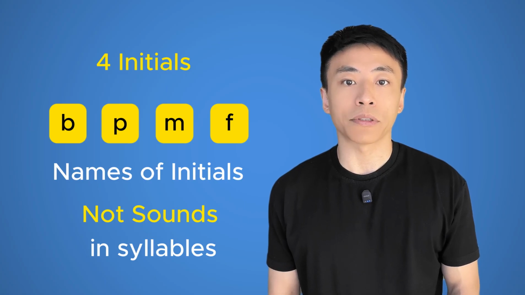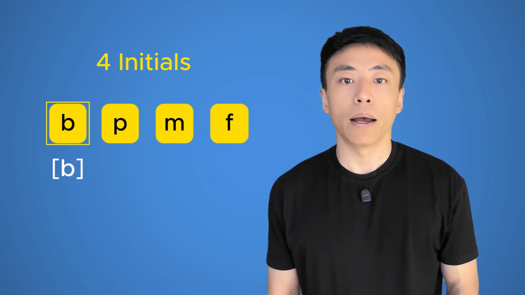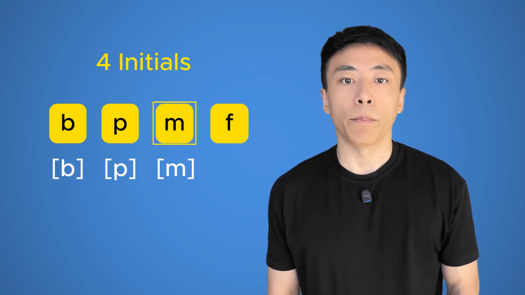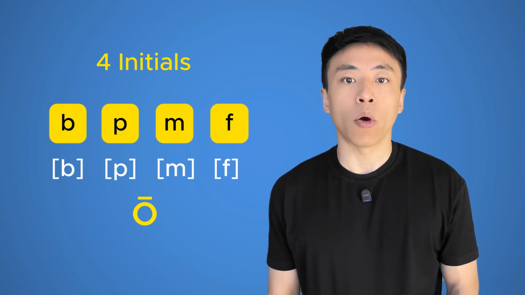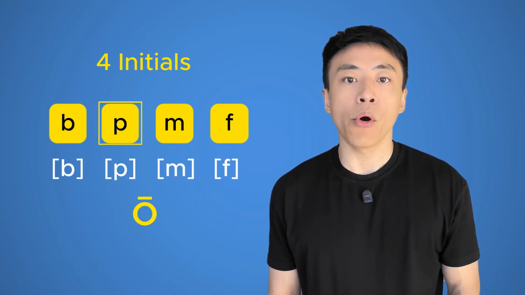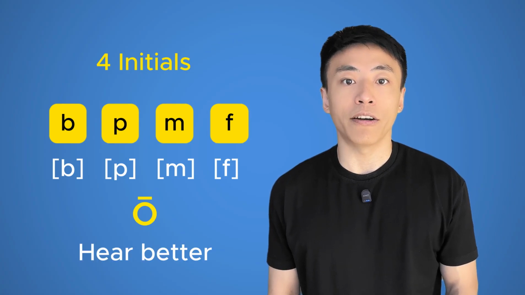In Chinese syllables, their real pronunciations are close to English sounds, but saying them alone is hard for you to hear clearly. So we add the final O with the first tone to make their names Bo, Po, Mo, Fo. This helps you hear and learn better.